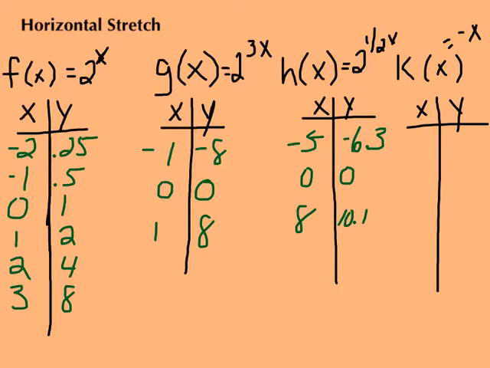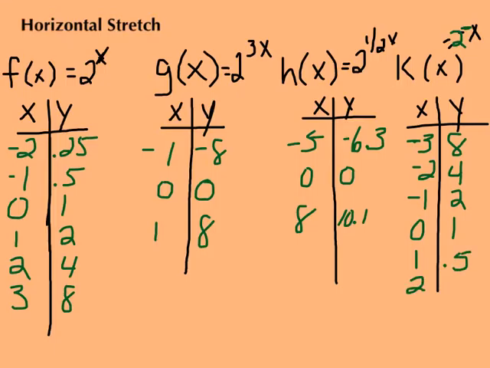K of x is 2 raised to the negative x power. That's going to give me negative 3, 8; negative 2, 4; negative 1, 2; 0, 1; 1, 0.5; 2, 0.25.